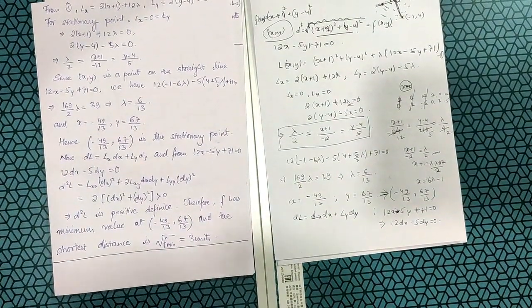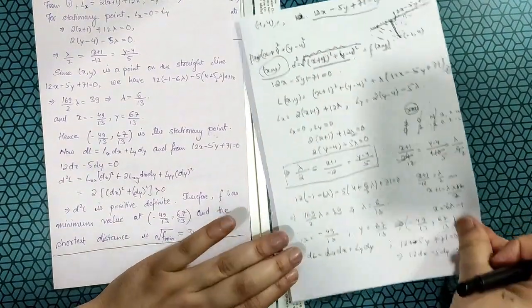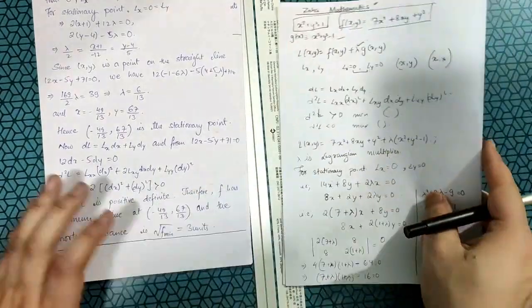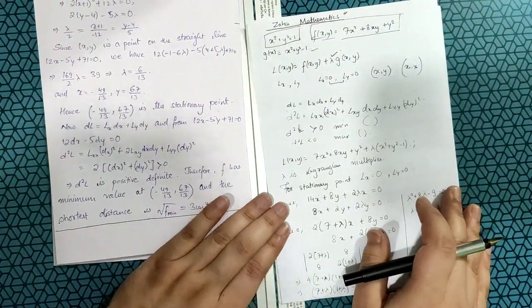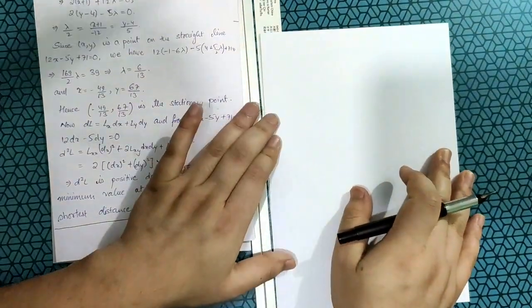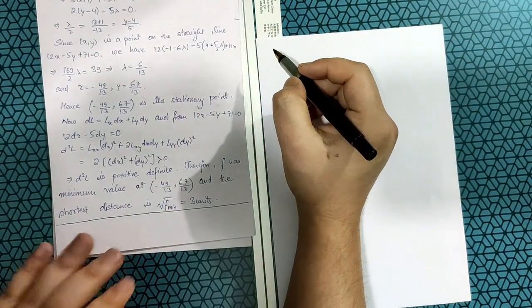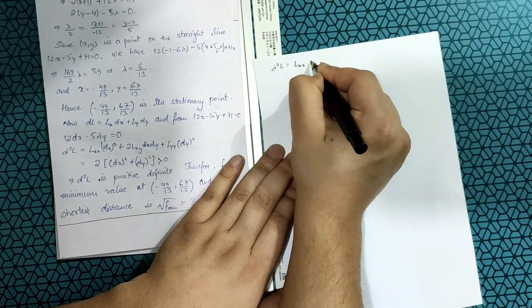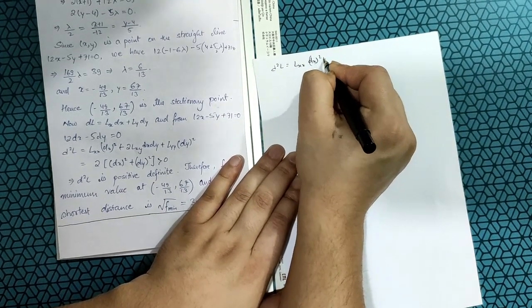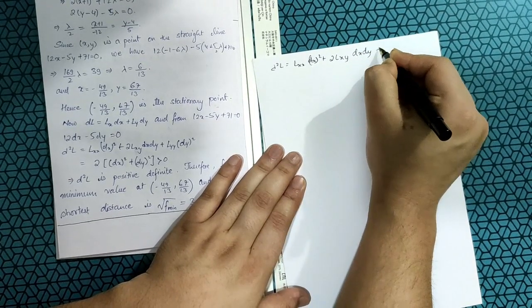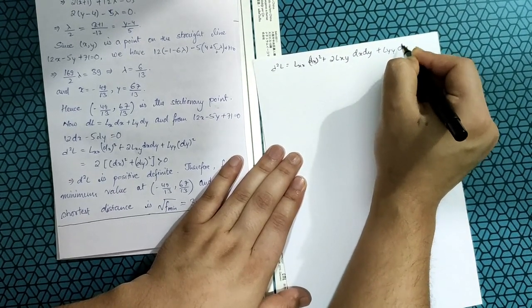So we use these two things and we find d2L is equal to Lxx dx square plus 2Lxy dx dy plus Lyy dy square.